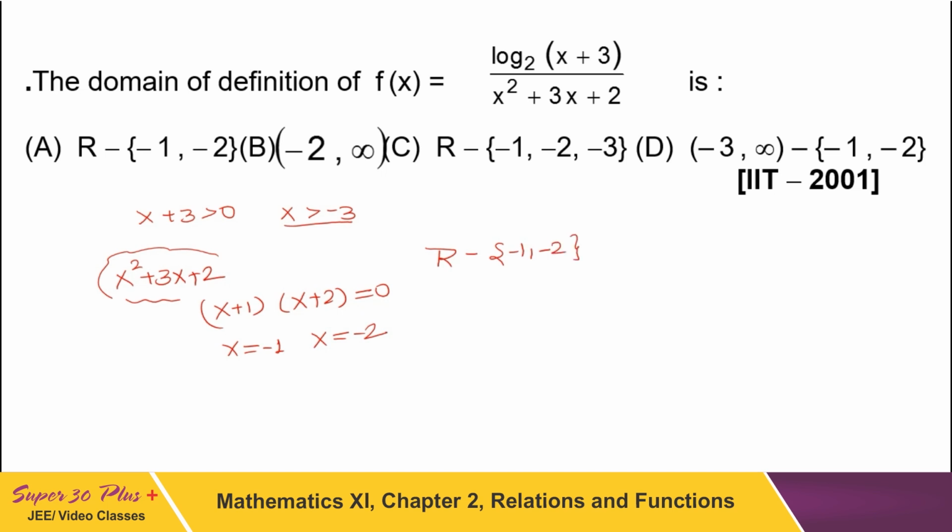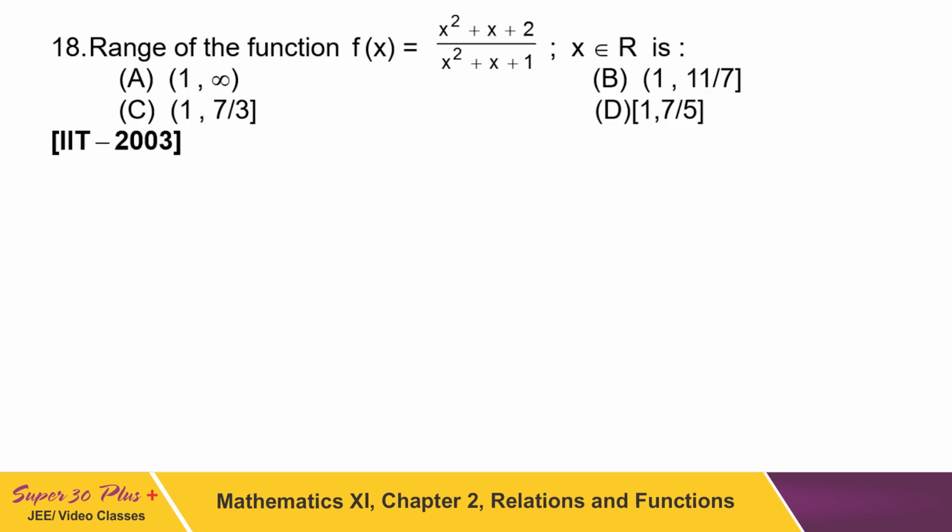The domain will be the intersection of the first domain and second domain. So you can check that the answer of this question is option D, minus 3 to infinity except minus 1 and minus 2. Students, this question came in the IIT JEE 2001 examination.